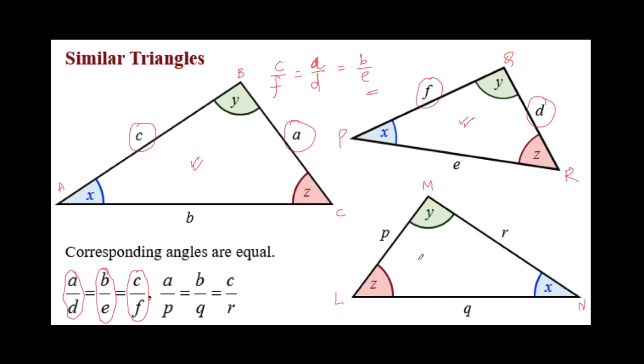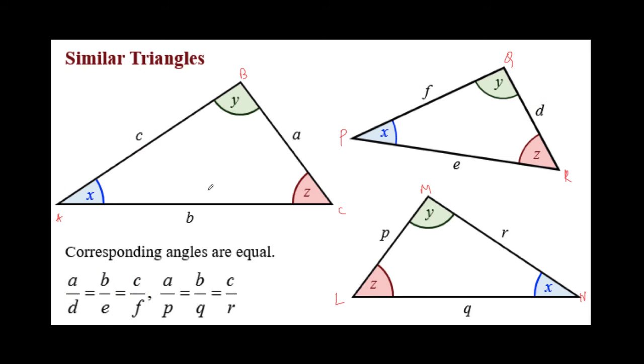Now this is interesting. Let's observe the two triangles ABC and LMN. In the previous case we compared triangle ABC and triangle PQR. Now let's check triangle ABC and triangle LMN. Are these two triangles similar? Yes. Angle Y equals Y over here and Z equals Z over here.